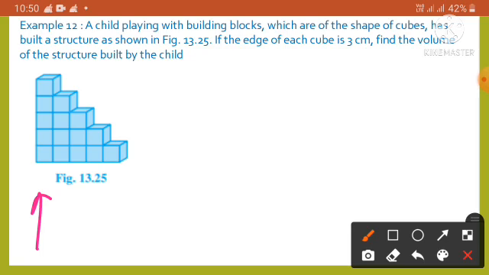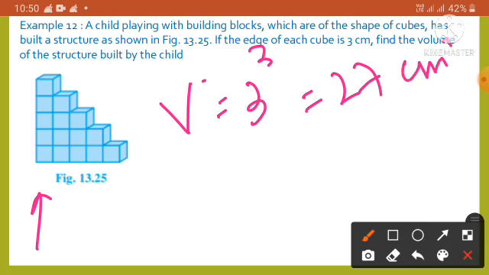So we know for a cube all the edges are equal. Now we have to find out at first the volume of each cube. So what will be the volume of each cube? It will be 3 cube, so it will be 27 centimeter cube.